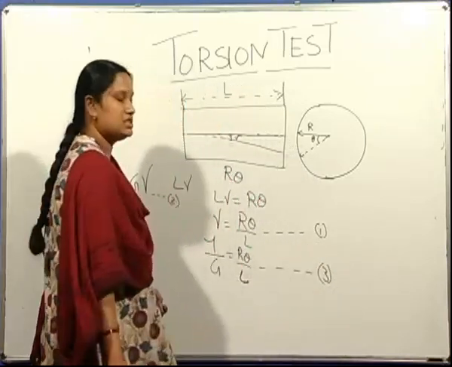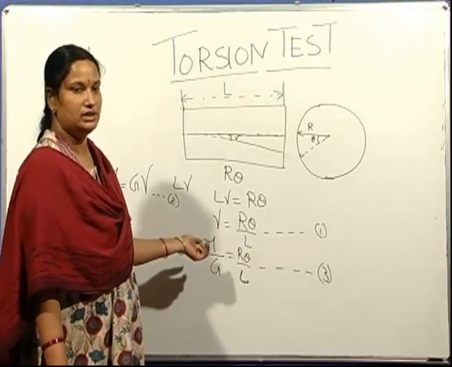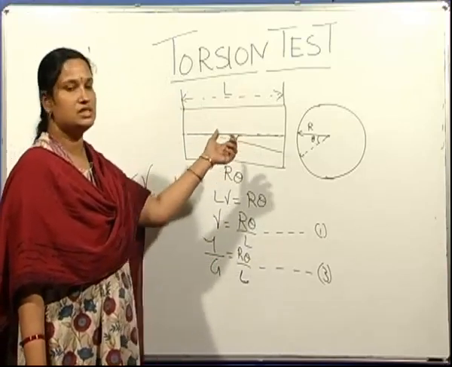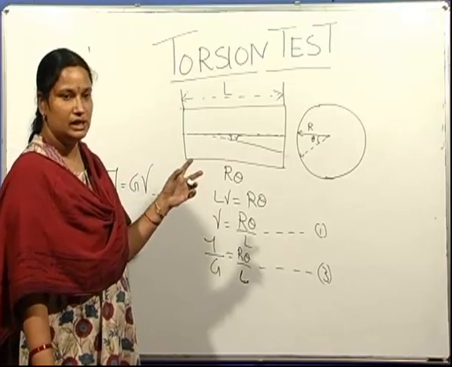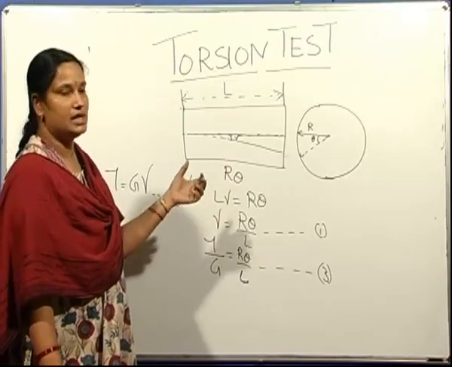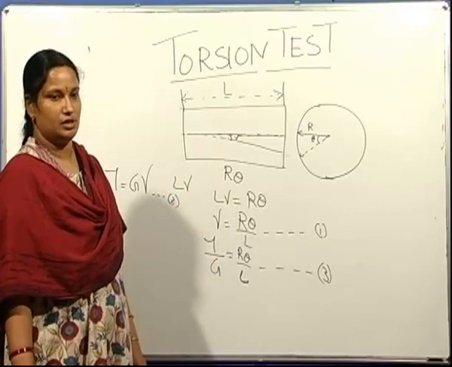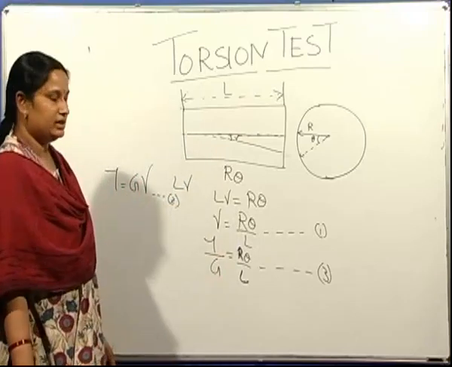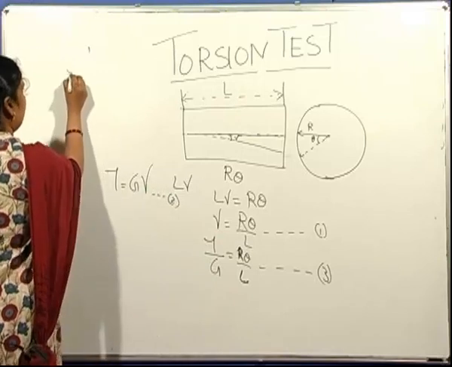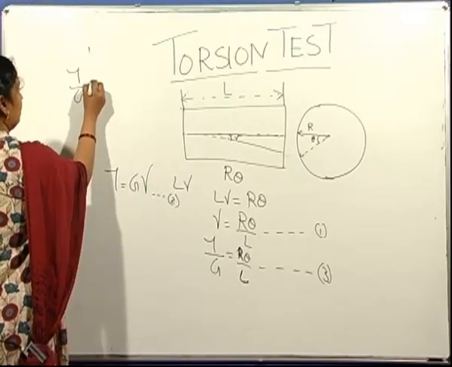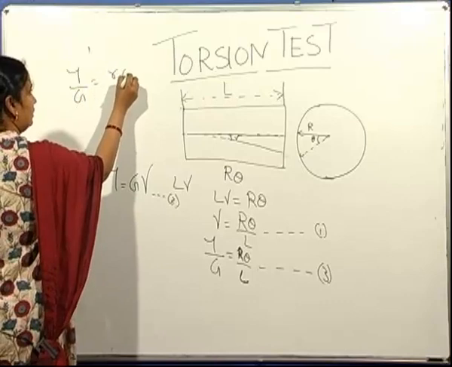Shear stress varies along the radius of this shaft. It is 0 at the center, varies linearly along the radius, and is maximum on the surface. Assuming that this equation holds for any radius, we have tau by G is equal to small r into theta by L.